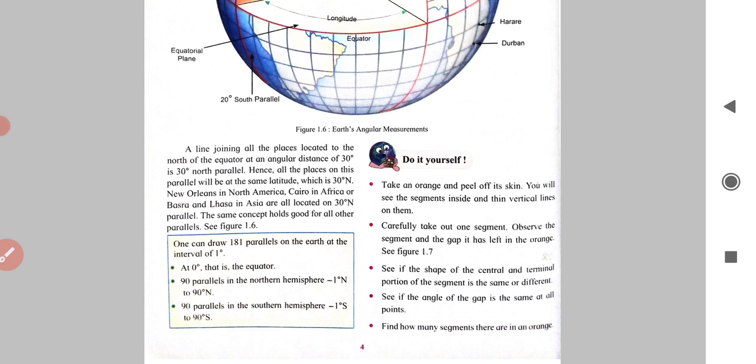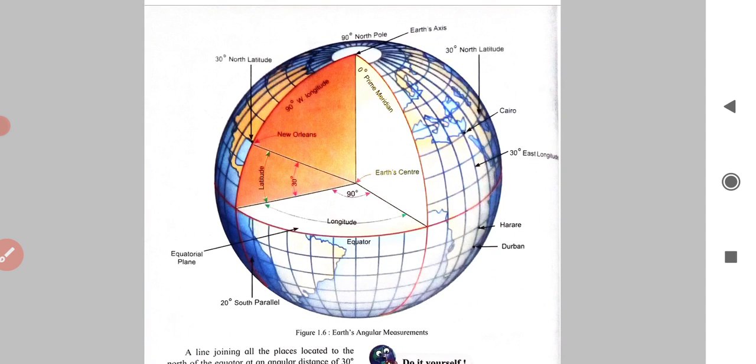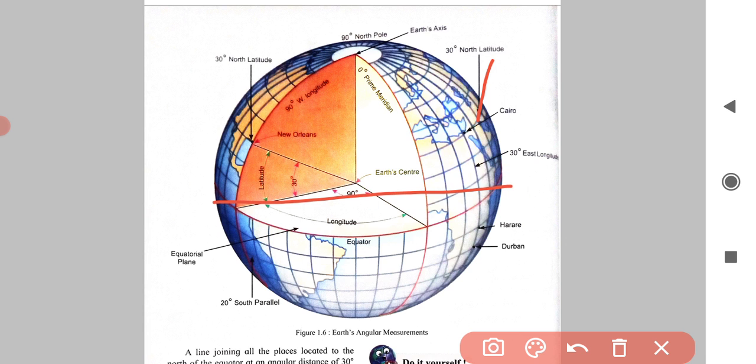A line joining all the places located to the north of the equator at the angular distance of 30 degree is 30 degree north parallel. Dear students, this is our equator, and at the north side, it is called the 30 degree north latitude.